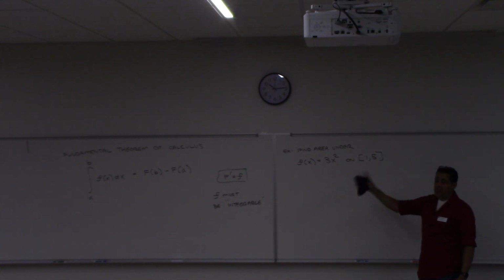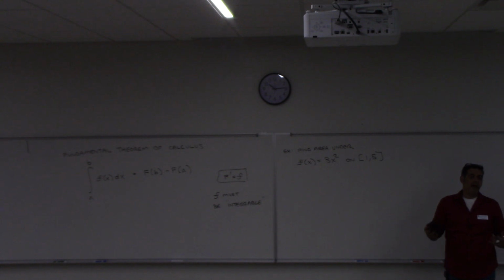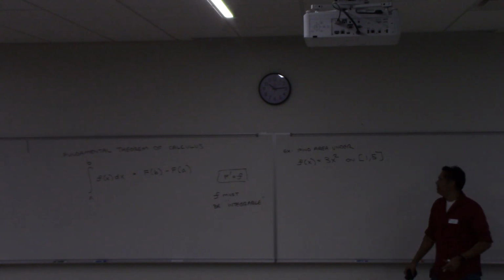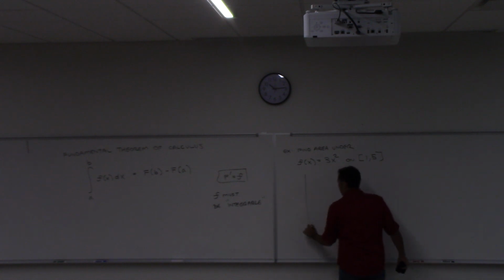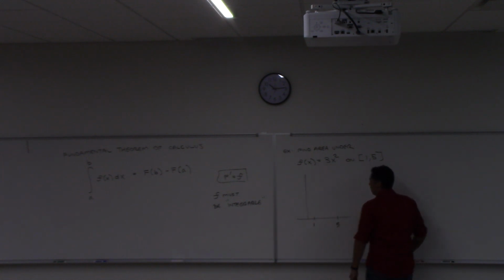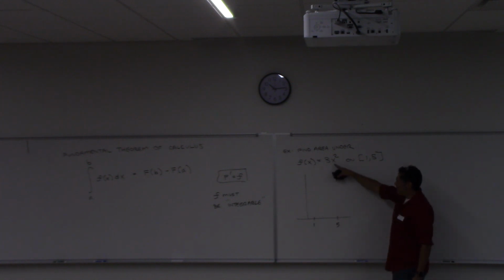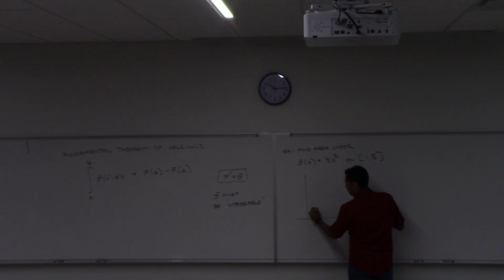Now, I can go right to the fundamental theorem of calculus, but I'm actually going to draw a picture just so that we understand what we're doing here, right? We're trying to take this function between 1 and 5. What do I get when I plug 1 into this function? 3. So let's just say that that's 3.